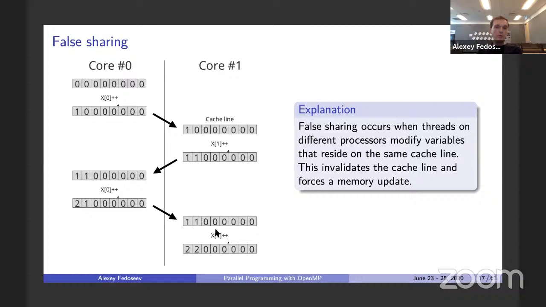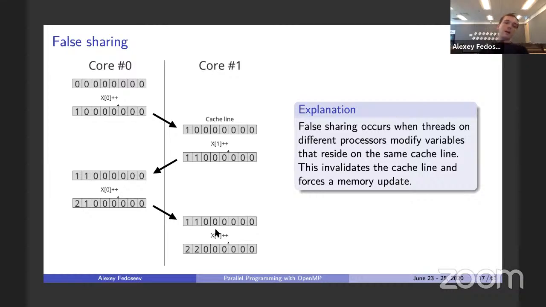And after the second processor updates its second value, again, to make sure that the values are consistent, the synchronization through the memory occurs again. So this part of the array keeps bouncing between the cache lines of the first and the second processor. That significantly slows down the performance.